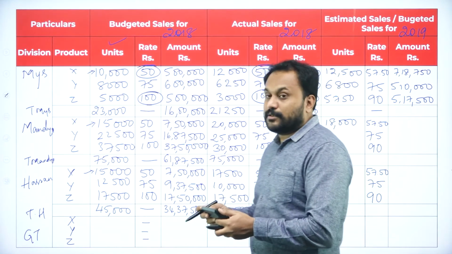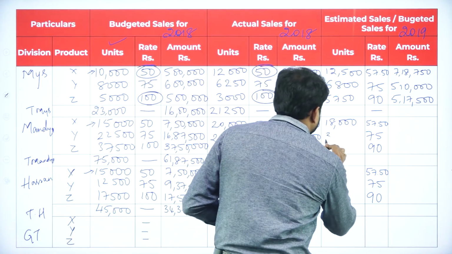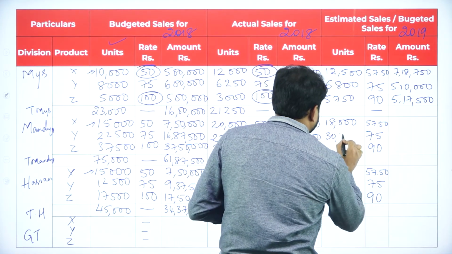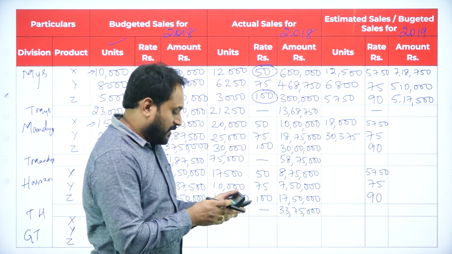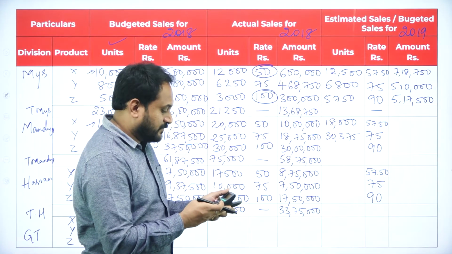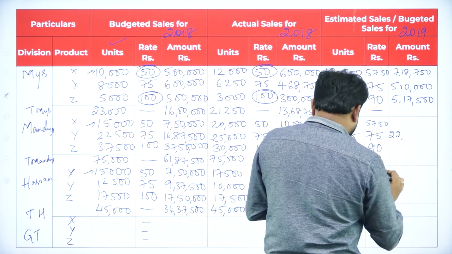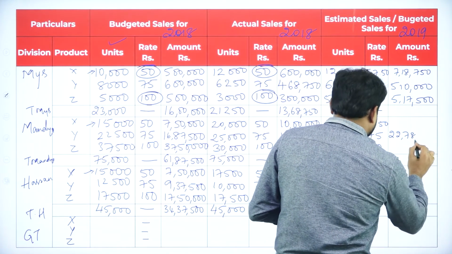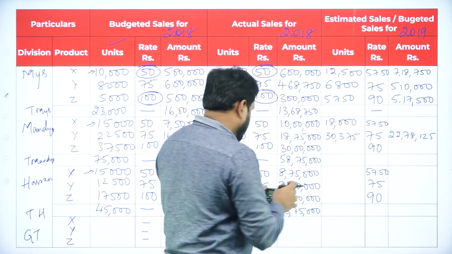So we got 30,375. Multiply 30,375 with 75. 22 lakh 78,125. Same way here also you calculate.